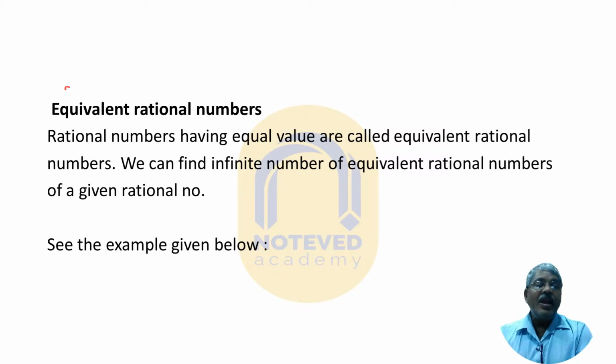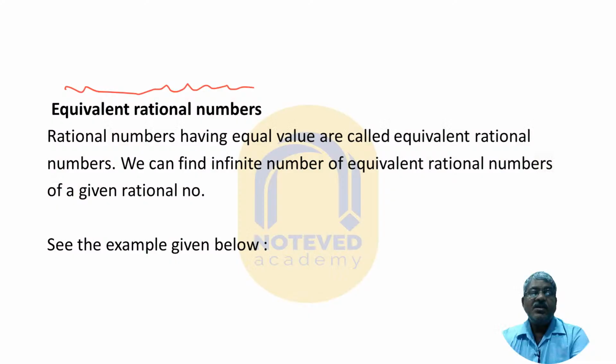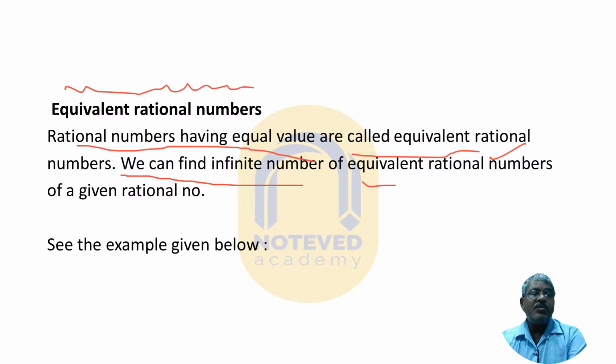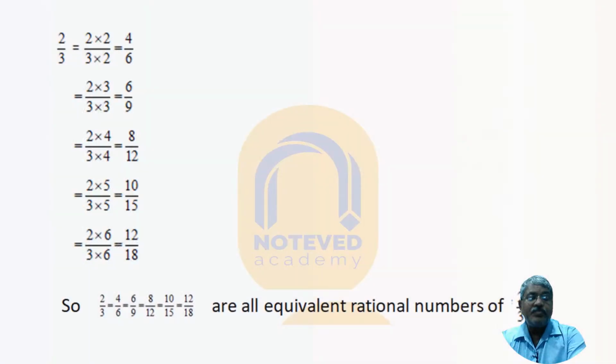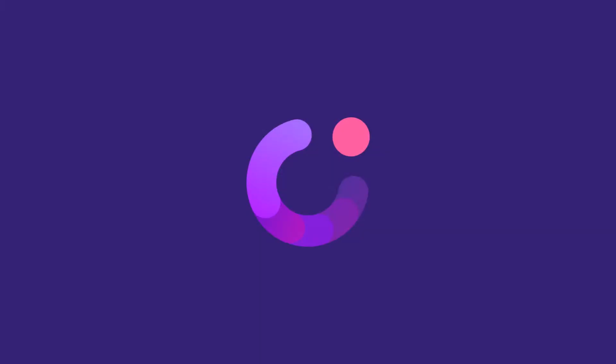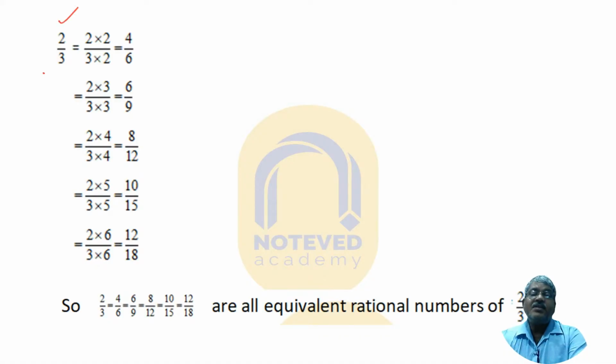Now, equivalent rational numbers. Now, students, rational numbers having equal value are called equivalent rational numbers. We can find infinite numbers of equivalent rational numbers of the given rational numbers. You see the example given below. Now, you see 2 by 3 is a rational number.